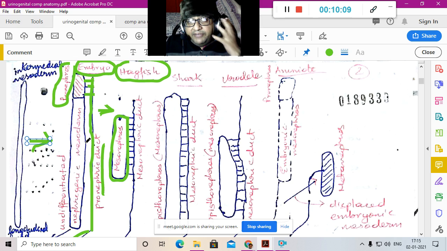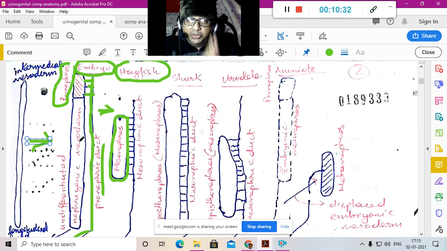We are talking about the evolution of the urinogenital duct. Hagfish or lampreys are primitive cyclostomes. Sharks are more advanced. Urodeles are amphibians, which are more advanced, and amniotes are reptiles, mammals and birds. Those come from eggs with an amniotic shell, so they are higher.